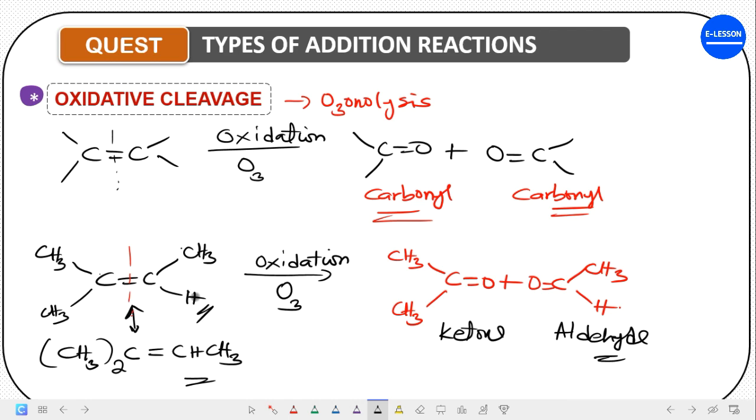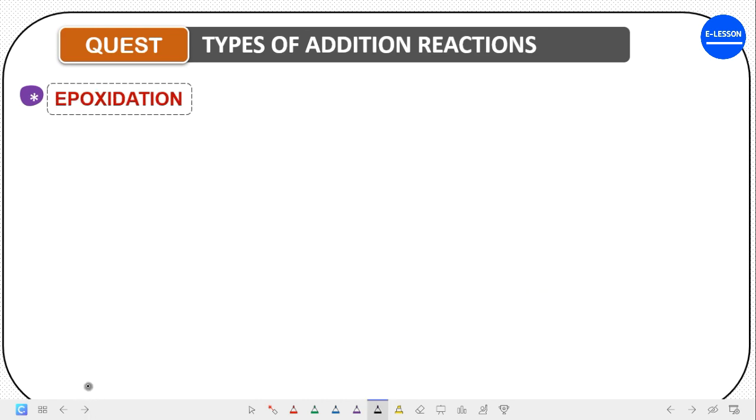Now the next one we are going to look at is epoxidation. When alkenes are oxidized, they form epoxide. Okay, something like this. Epoxides are cyclic structures. Are you getting it now? So if it undergoes oxidation with oxygen, it's going to form an epoxide.